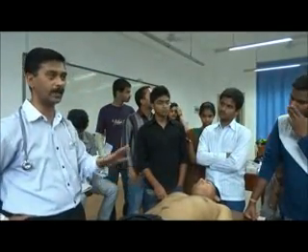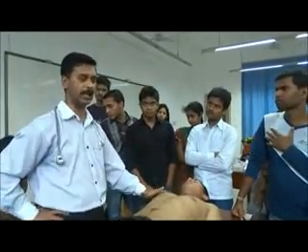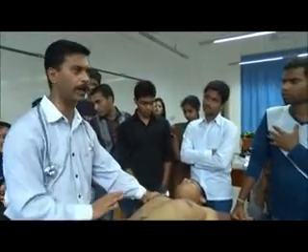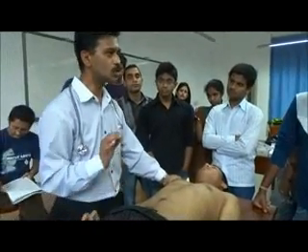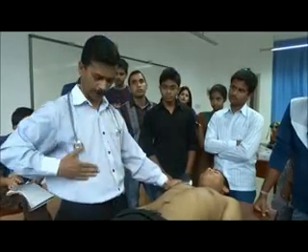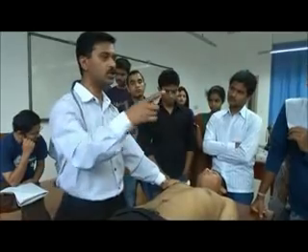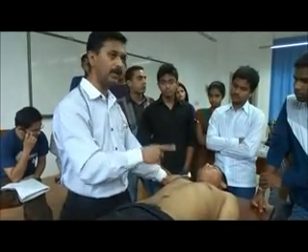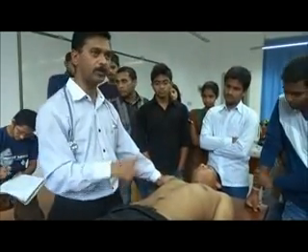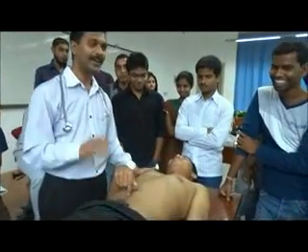Before palpation of the abdomen, you need to tell the patient, if there is any pain in the abdomen, to show that area to you with one finger, not with the whole hand, not a vague pain. You need to ask the patient to show the pain area in the abdomen with one finger. Tell where the pain is.